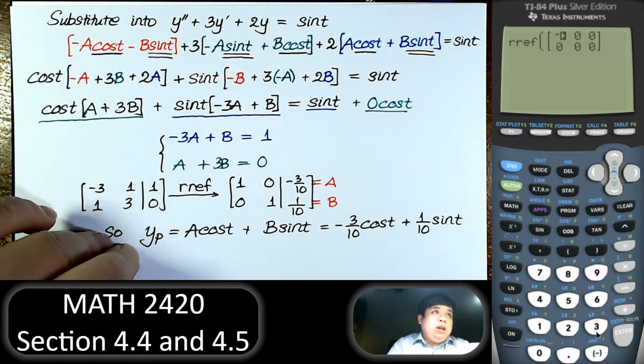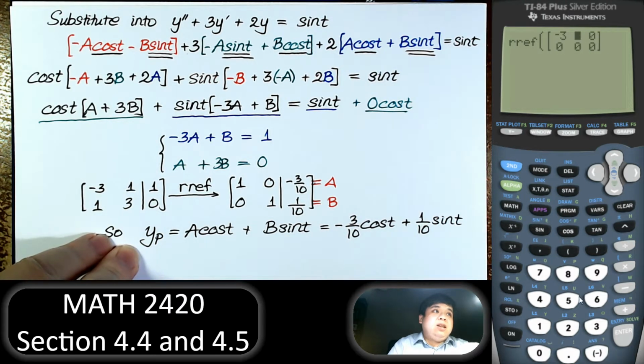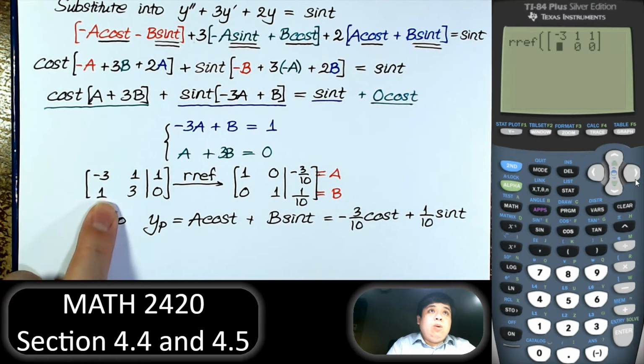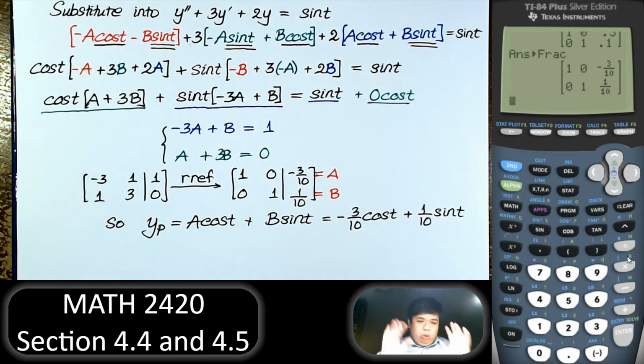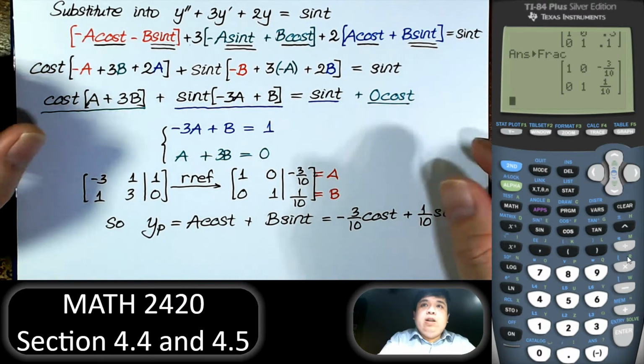So negative 3, don't hit enter, but hit next. 1, next. 1, 1, 3, 0. Close parentheses and hit enter. Of course, we can change to fraction. Right, so don't worry about this. We will do a lot more examples of this.